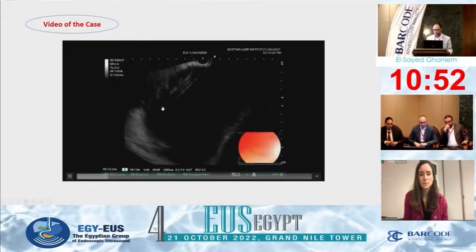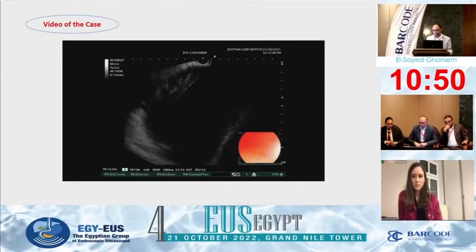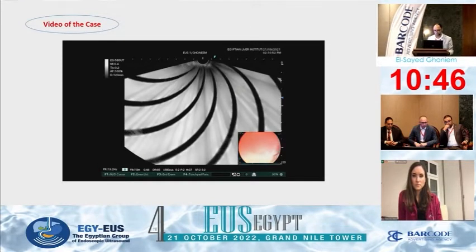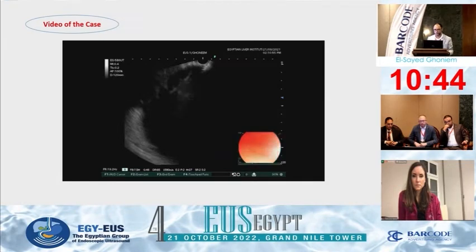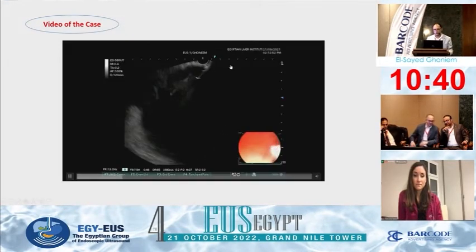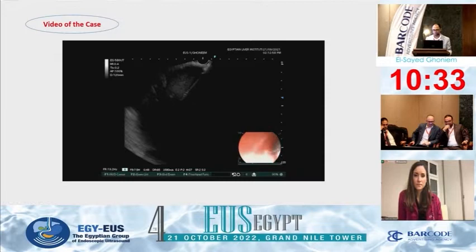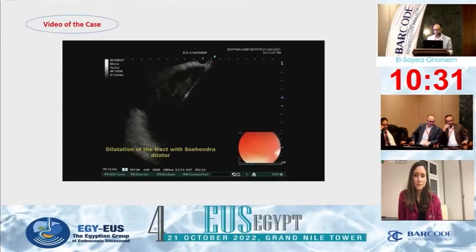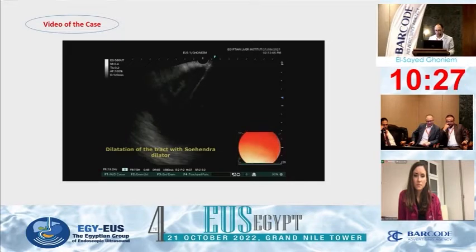Then we dilate the track, or make the track, with a 6 French cystotome. And then we dilate the track using Soehendra dilator. Go in and out many times to dilate the track.